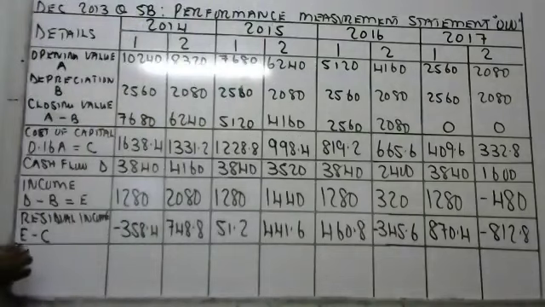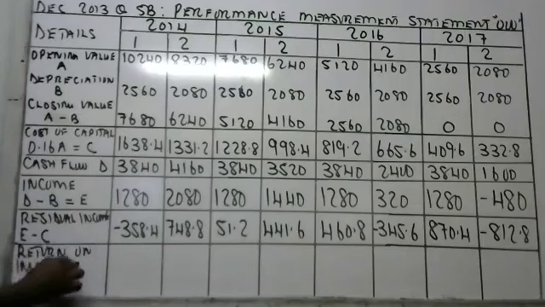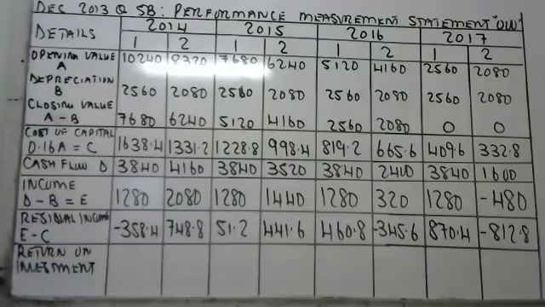Then the next one is called return on investment. You will get it as income, that is E, divided by A, the opening book value, multiplied by 100. So E divided by A, multiplied by 100.